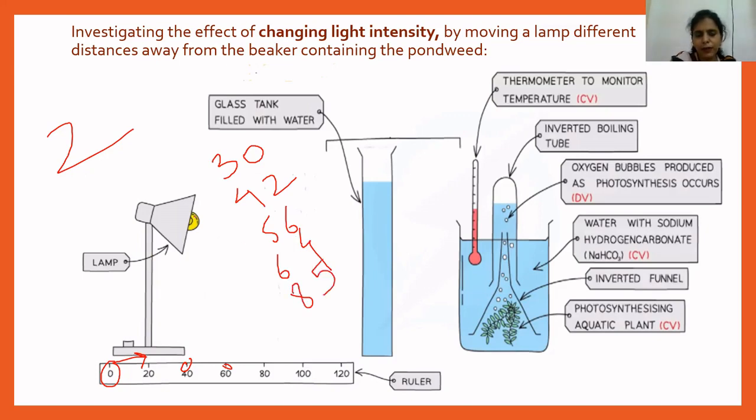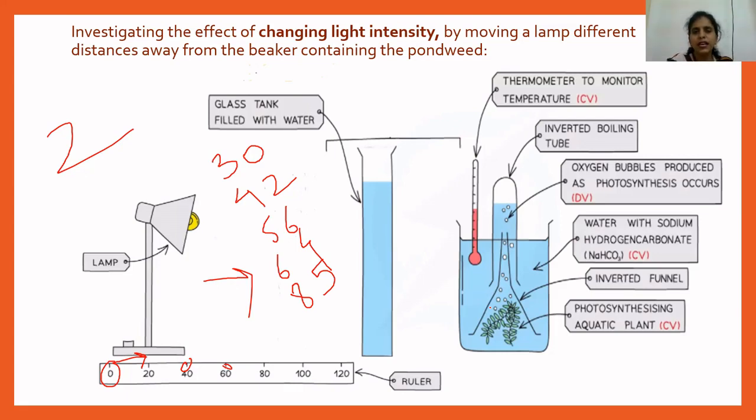So you can make out that as this table lamp is moving forward, the amount of light provided to the aquatic plant for the process of photosynthesis was increased. You can say as the table lamp moved towards the experimental setup, the light intensity was increasing.